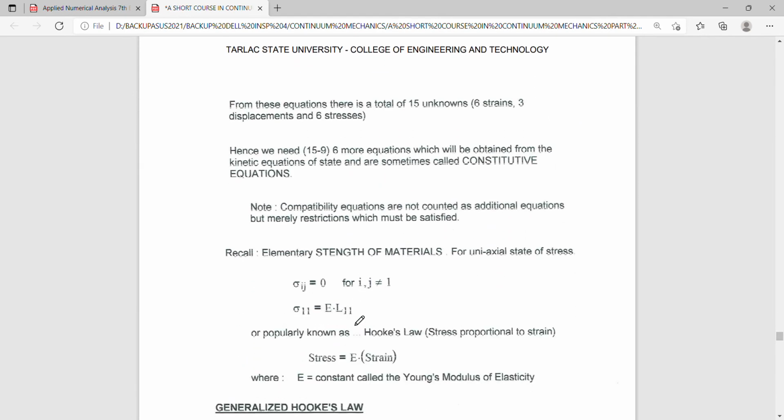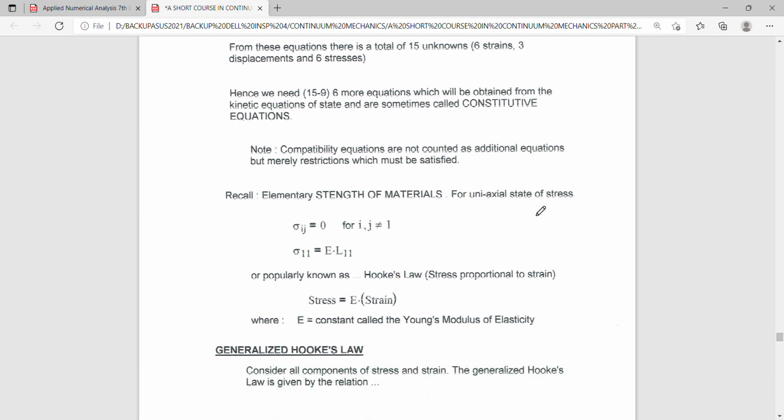So if we recall from elementary strength of materials, for a uniaxial state of stress, we know that your sigma ij is 0 for i and j not equal to 1. Meaning to say, in a uniaxial state of stress, you only have one axis, and that is axis 1.